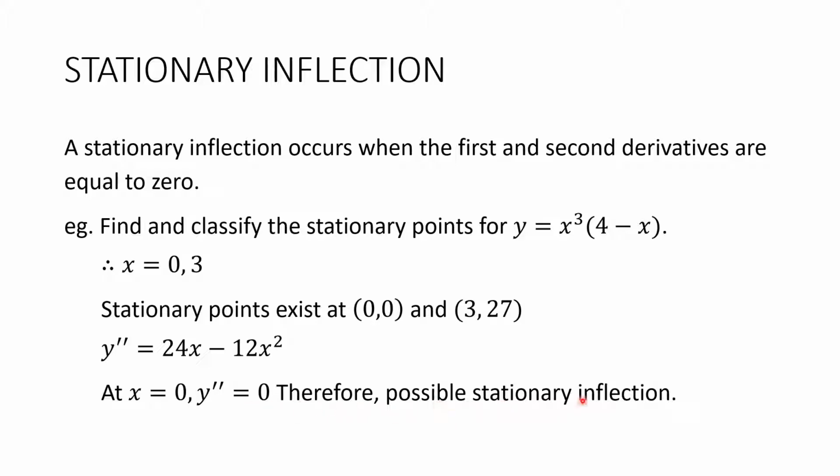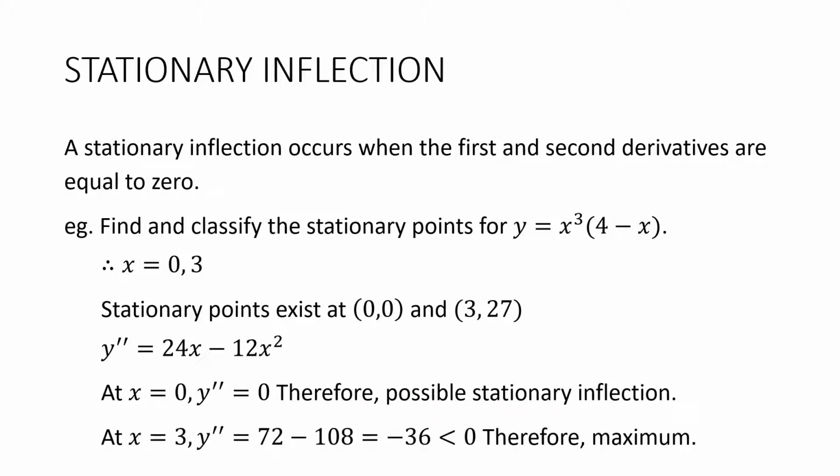But there are limitations to this, which I'm going to go over in the next slide. So we're just going to write possible at this point. At x equals 3, second derivative is equal to 72, take away 108, which is negative 36, which is less than 0, therefore it's a maximum. Okay, so we've got a definite maximum here and a possible stationary inflection here.